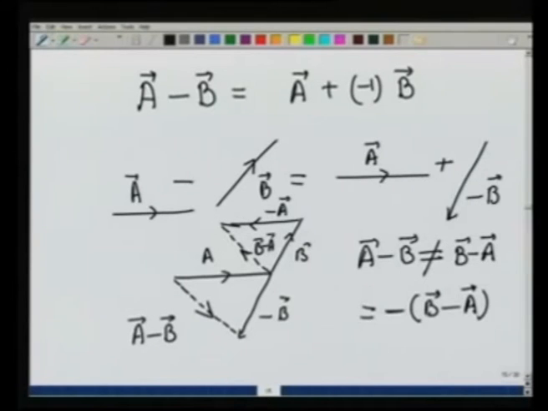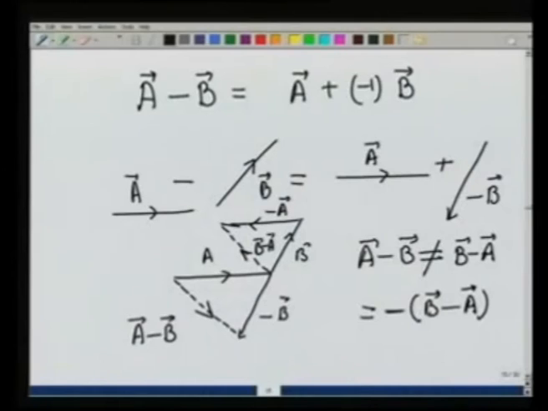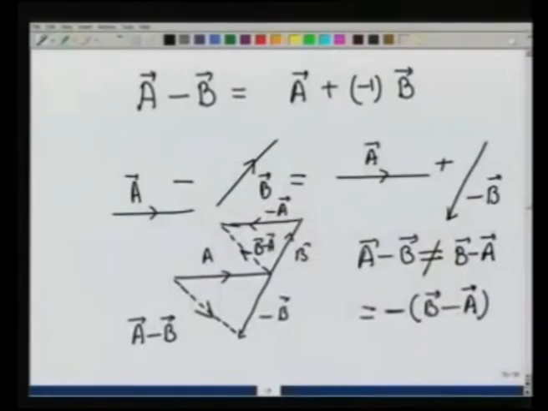So, what we have done is addition and subtraction of two vectors. Similarly, if you have to add 3 vectors, you can do a plus b, then add the third one to it. If you have to do 4 vectors, you can do a plus b, c plus d, add the 2 resultants again, and so on. Let us do 2 examples showing the summation of 2 vectors and subtraction of 1 vector from the other.